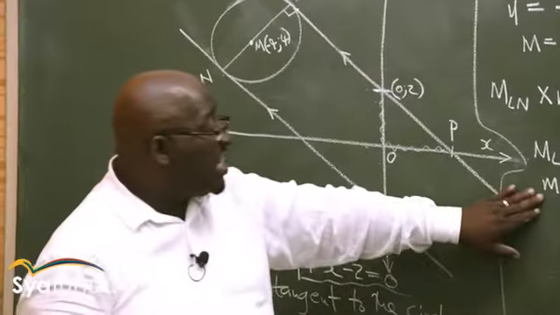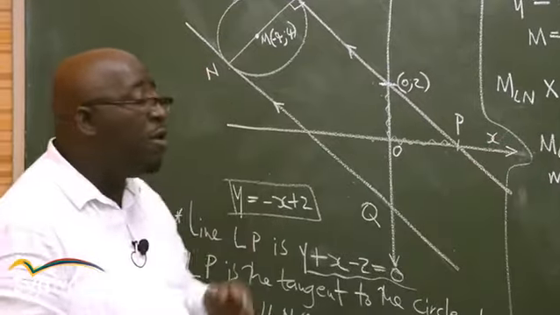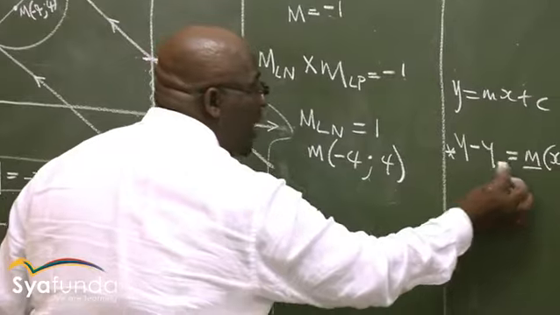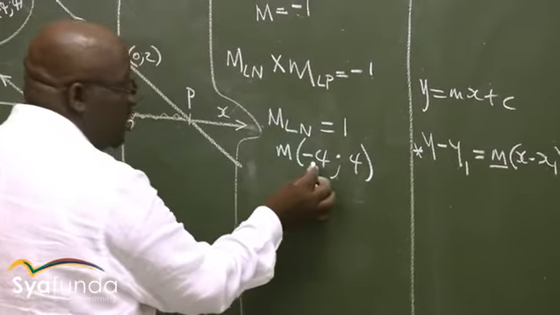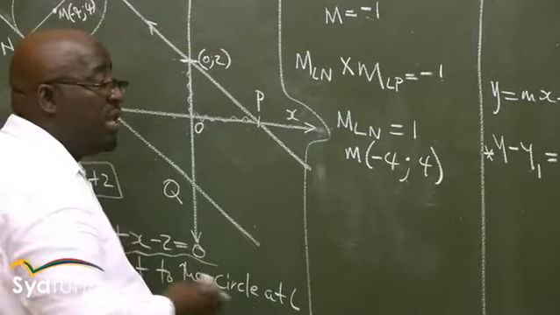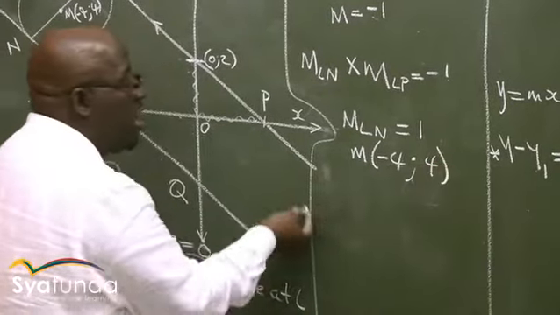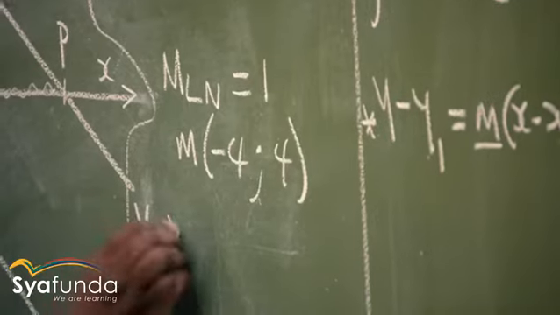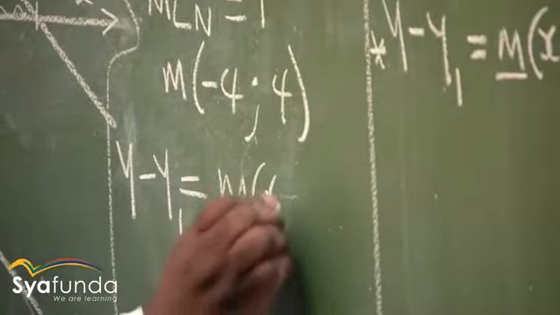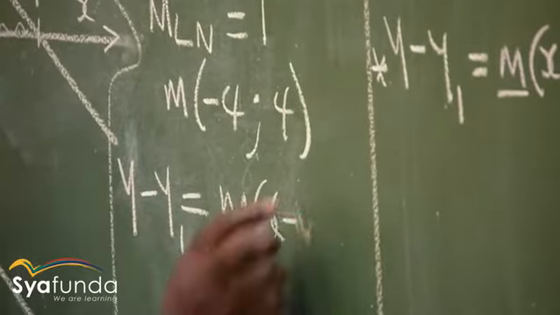We do have the point, we do have the gradient, and we have y and x. What is x? This is minus 4, and this is y1 in this particular case. Let's apply this formula: y minus y1 is equal to the gradient times x minus x1.